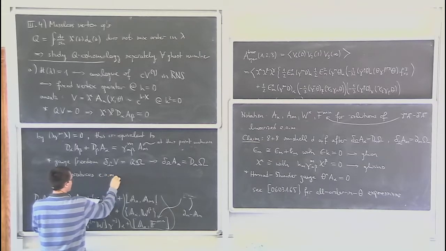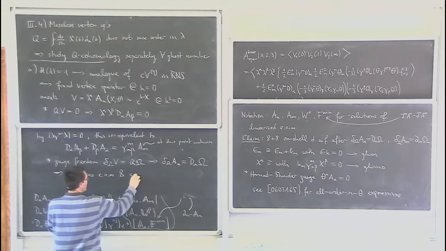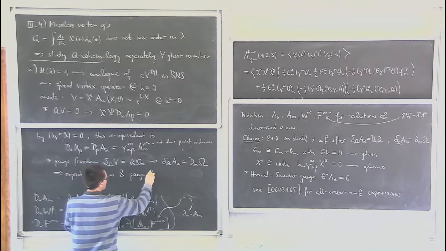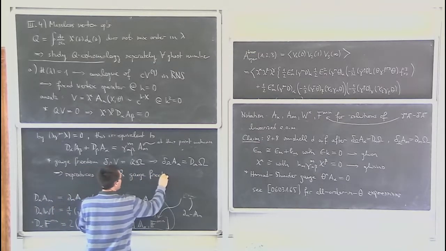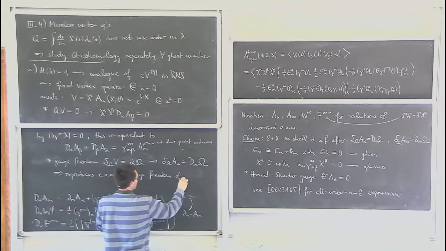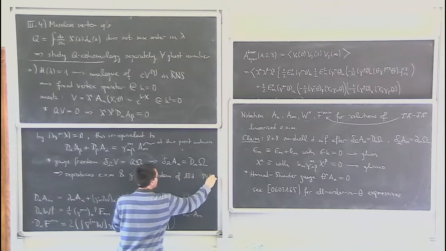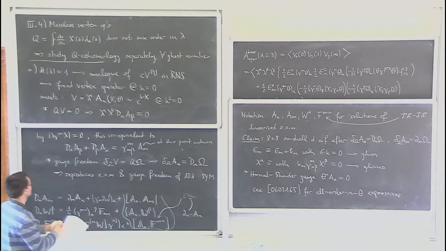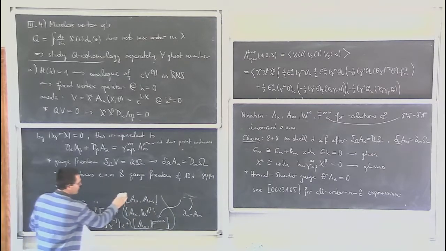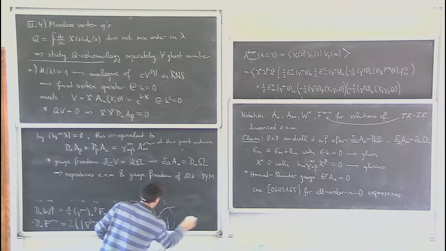It reproduces one of the equations of motion and part of the gauge freedom of 10-dimensional super Yang-Mills. Yeah, so this is what we can pull out from ghost number 1.